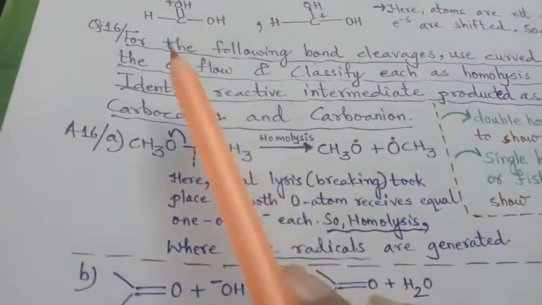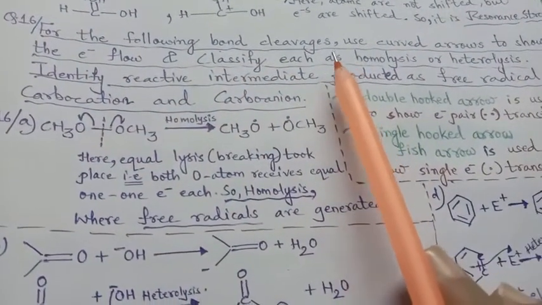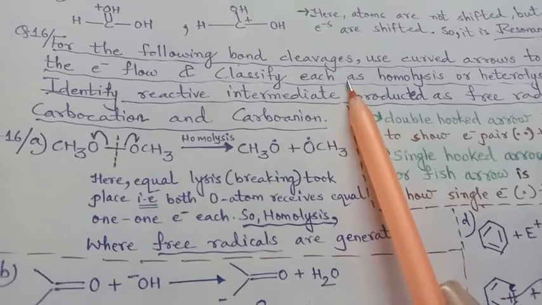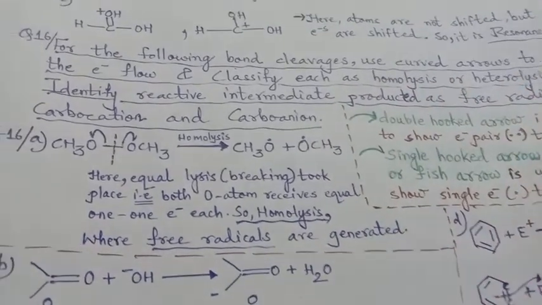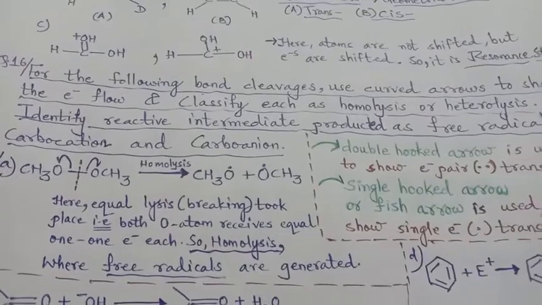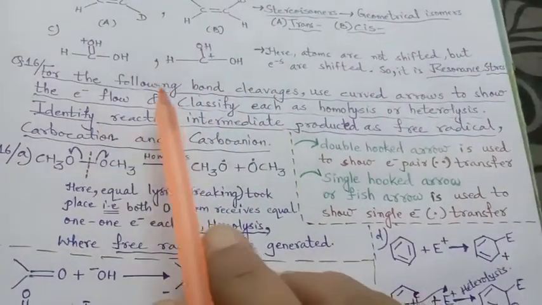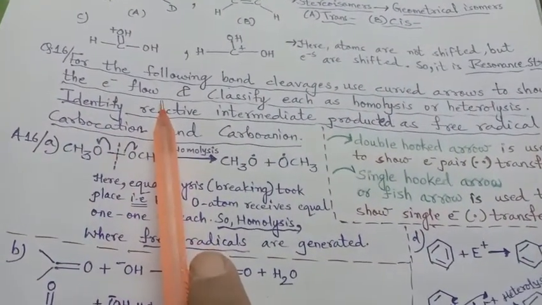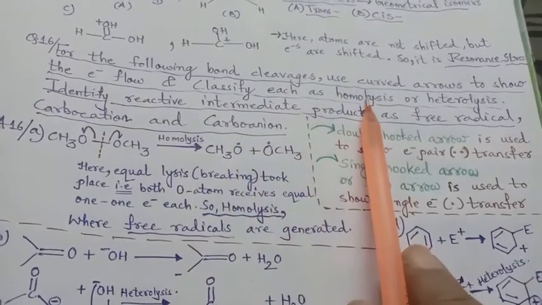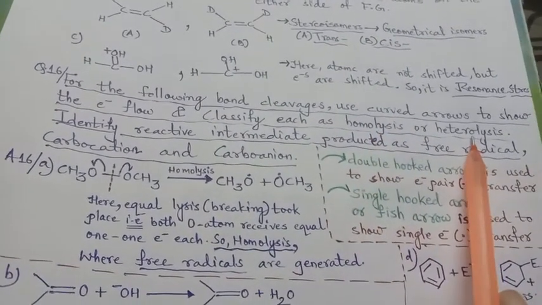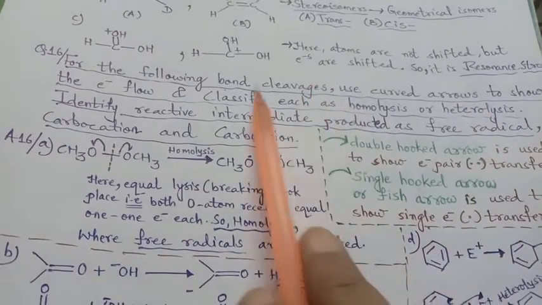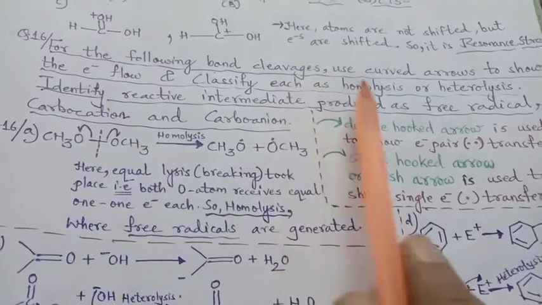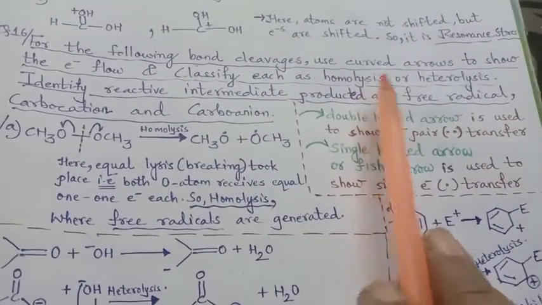Now let's see the 16th question. For the following bond cleavages, that means breaking of the bond, use curved arrows to show the electron flow and classify each as homolysis or heterolysis, right? Bond cleavage means breaking of the bond, and after cleavage, whether that cleavage is homolytic or heterolytic.